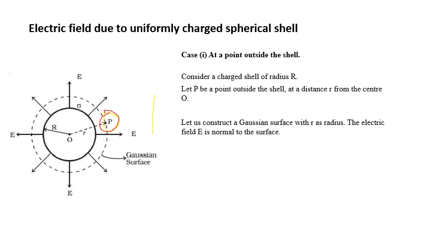Now we are saying that the point P is outside the shell, then small r is greater than capital R. So P is a point outside the shell, and r is the distance from the center to the point where we want to calculate electric field.